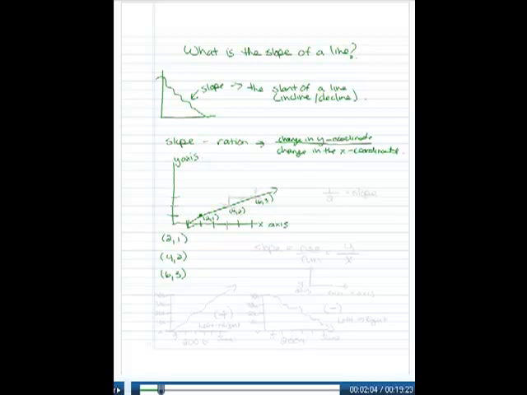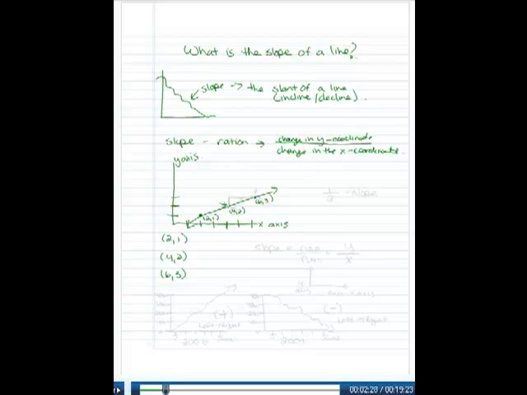But when I say what is the slope of this line, I want to know from one point to another, how many times did x change and how many times did y change? For instance, let's look at the point (4, 2). Currently, the point (4, 2) is at number 4 on the x-axis and number 2 on the y-axis.